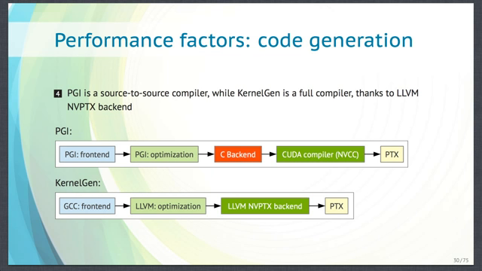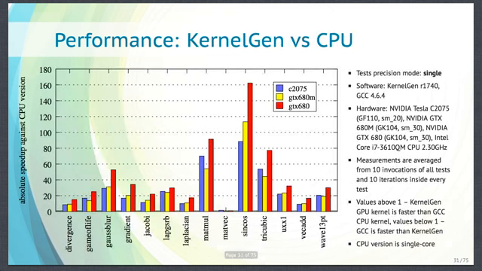In case of KernelGen, thanks to open sourcing NVPTX backend to LLVM, we have a seamless pipeline because we lower GCC intermediate representation to LLVM, then optimize and analyze code in LLVM representation, and NVPTX backend generates PTX code for us right from the LLVM IR.